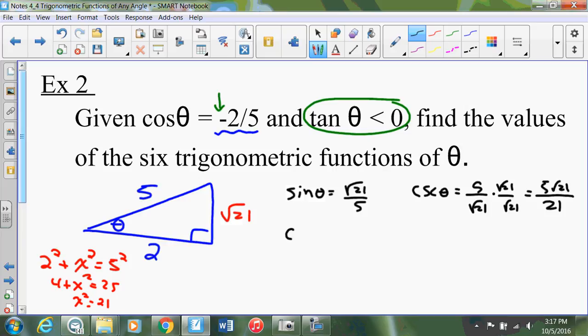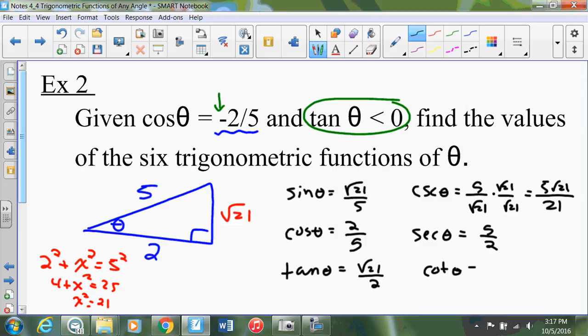And then cosine theta is going to be adjacent over hypotenuse, and the flip of cosine, secant, will be 5 over 2. And then tan of theta will be opposite over adjacent, and the flip of tan, cotan, will be 2 over root 21. We can rationalize the denominator and get 2 root 21 over 21.